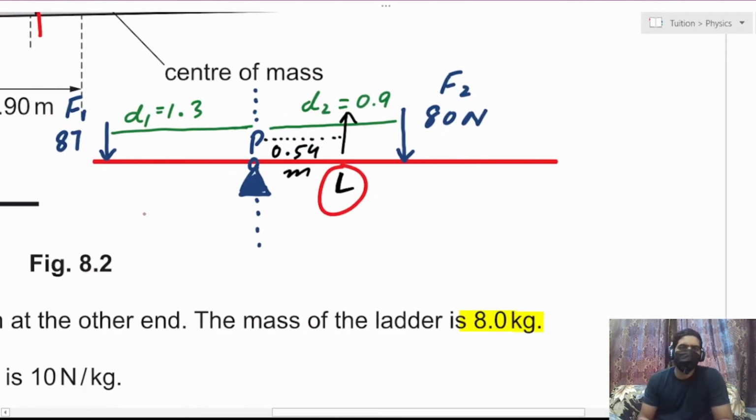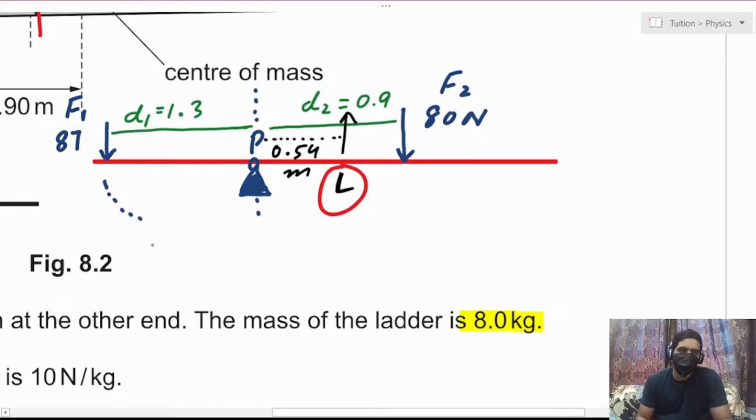When you're applying the principle of moment, the only thing you need to consider is that on one side of the equation you have the sum of all the clockwise moments, and on the other side you have the sum of all the counterclockwise moments. Let's start with the force F1. So F1 would produce counterclockwise moment.